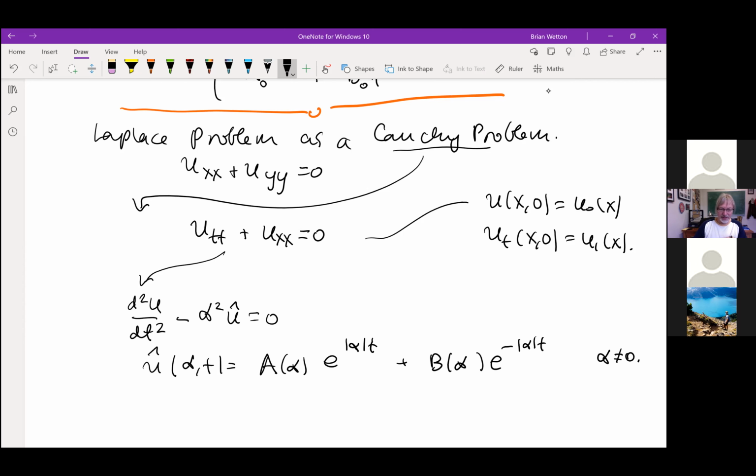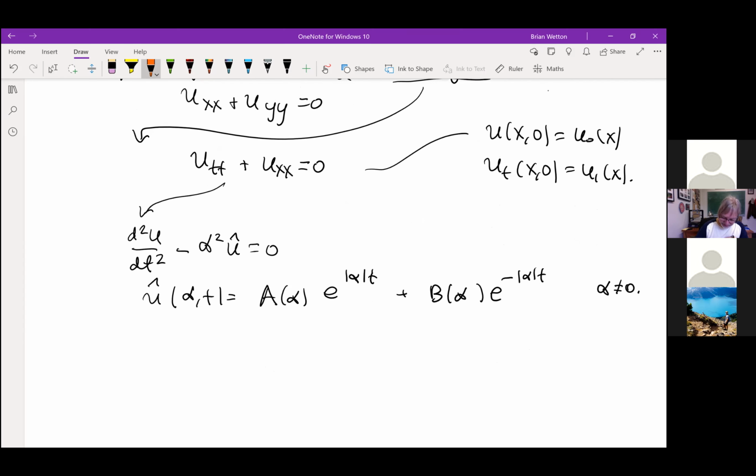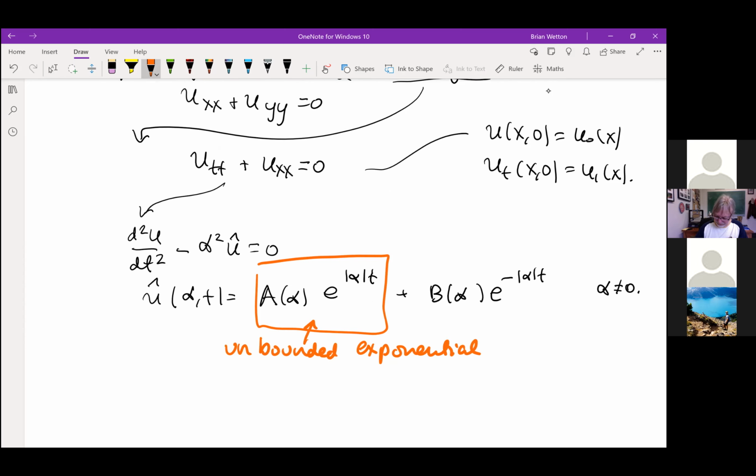The alpha equals 0 solution is the same, but that's not interesting, right? And here we look at this term, right? And we'll see, alpha can be as big as you want, right? So this is unbounded exponential growth. So this problem is ill-posed.